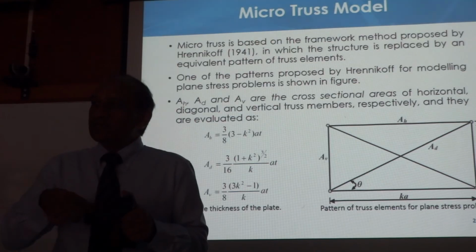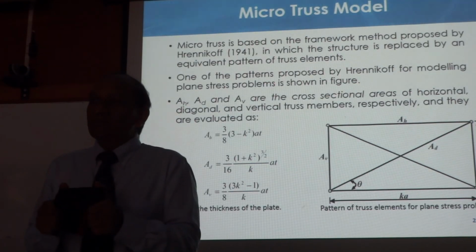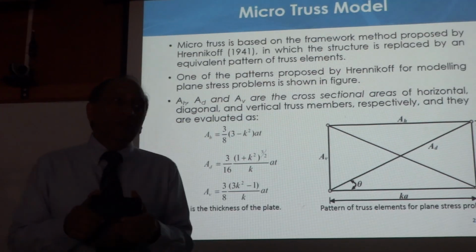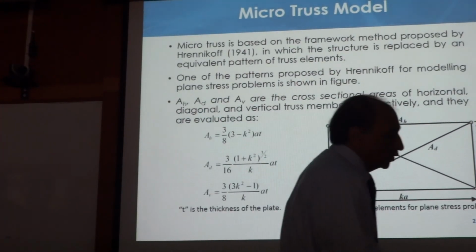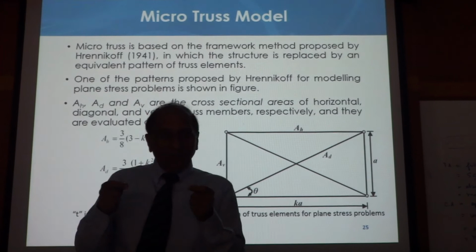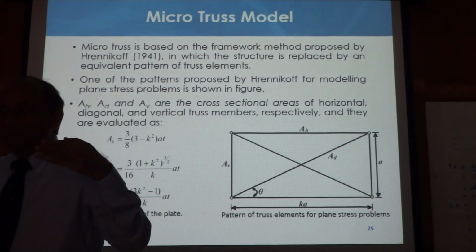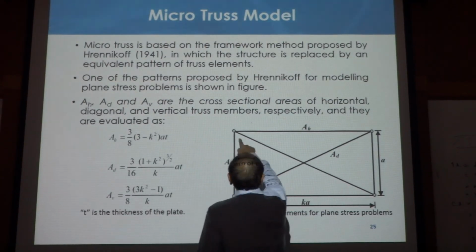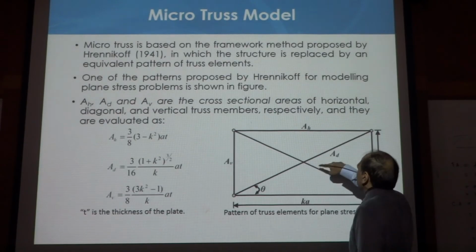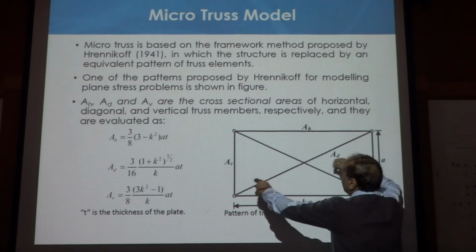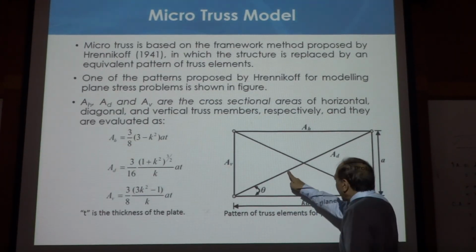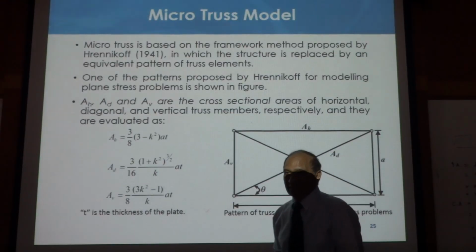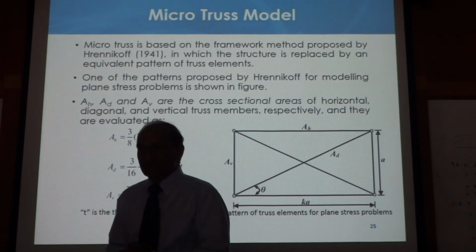I can find the force in the middle of this plate, which otherwise will not be possible, right? So we can create this micro-truss model of a continuum by putting hinges or pins at the corner and putting diagonals and say, okay, now I can find the forces between them. And if one of them is tension and I say tension concrete cannot take, then only one of them remains. Compression can only remain, right?